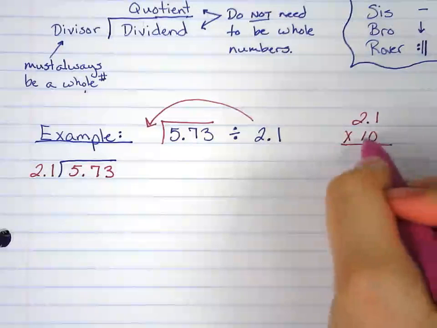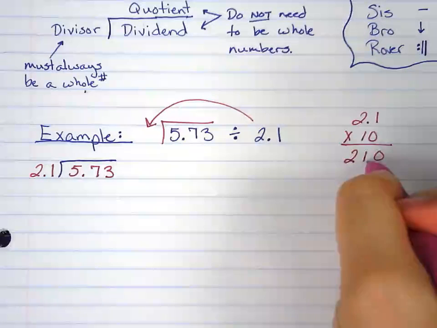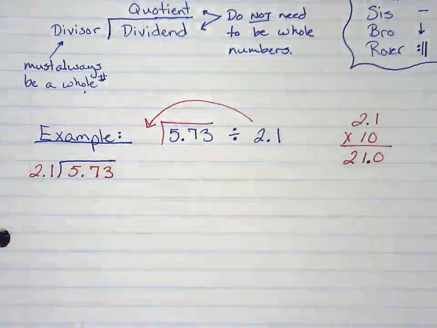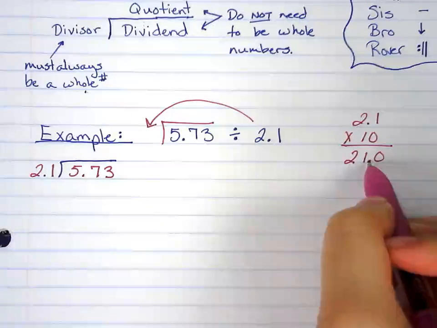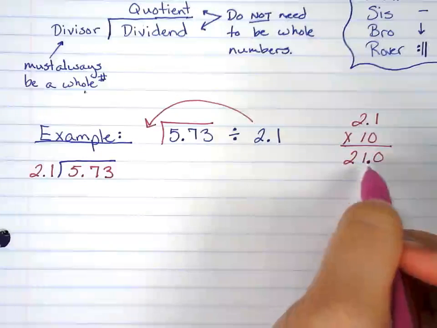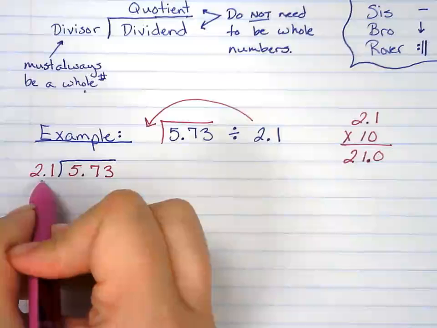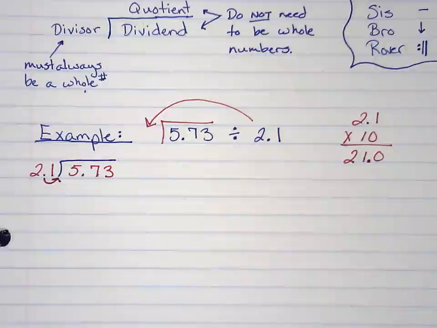There's one decimal place. Multiplying it by 10 really is just moving that decimal place over to the right by 1. We don't actually have to show this multiplication every time, as long as we understand that to move that decimal over one place to the right, we multiply by 10.